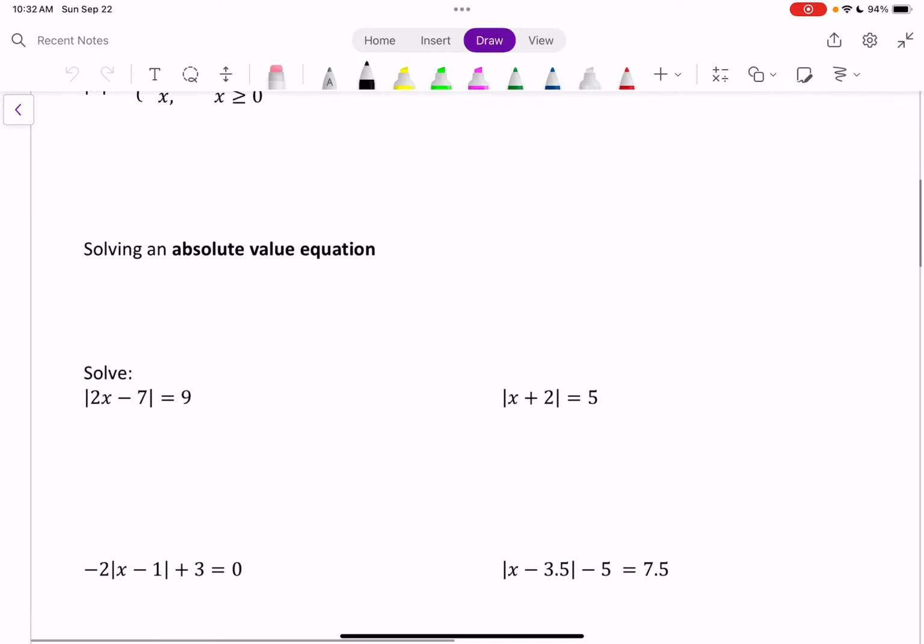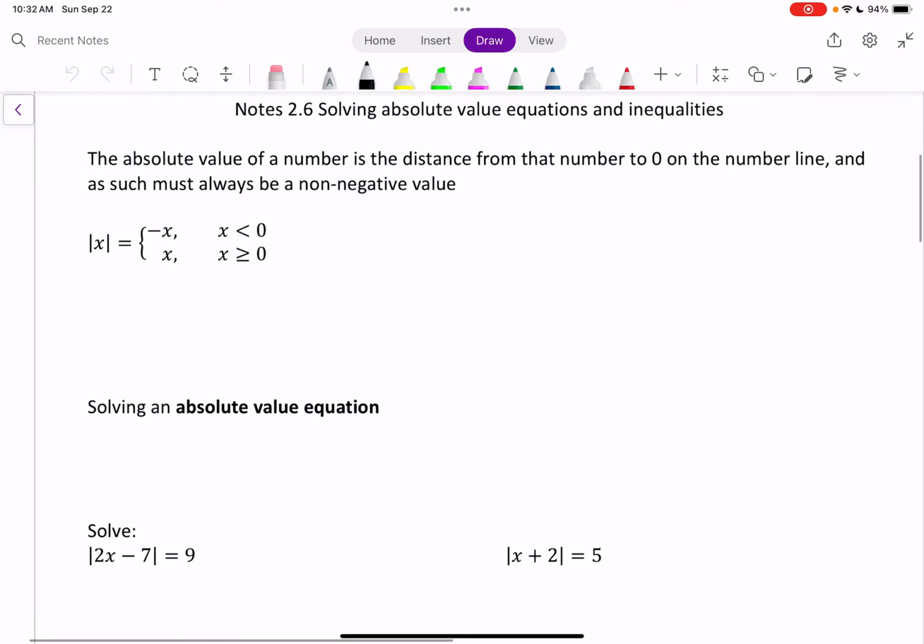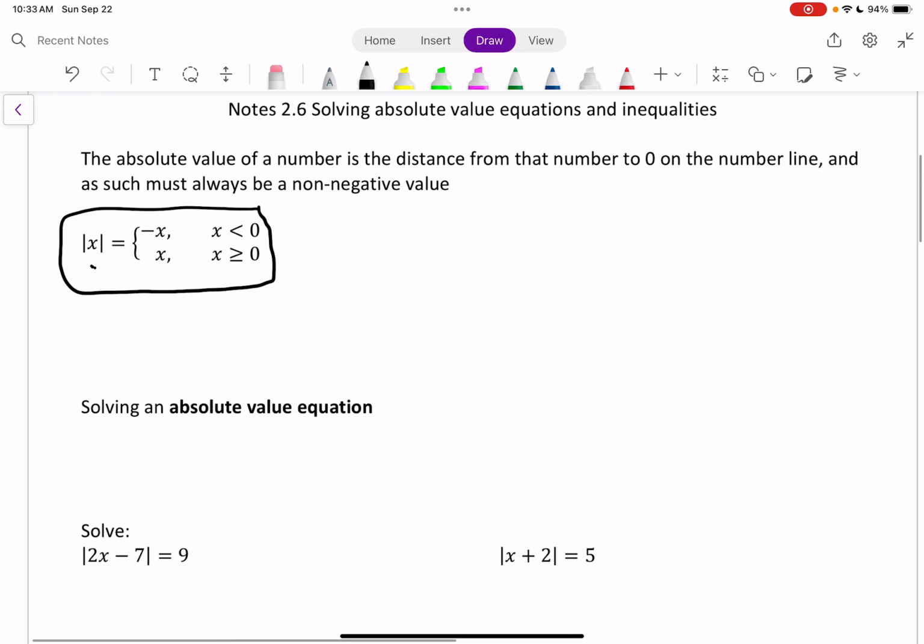Remind ourselves how these work so that in the next section we can move on to the next type of function, which is the absolute value function. Now, an absolute value function is very much the same as a linear function because we are simply given two broken lines. An absolute value is really a piecewise defined function.